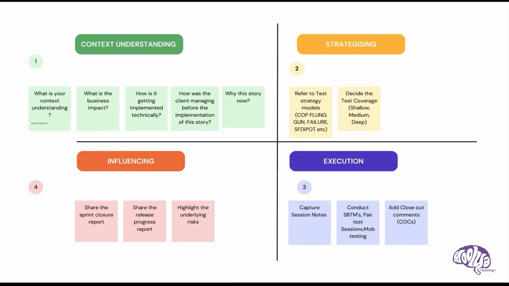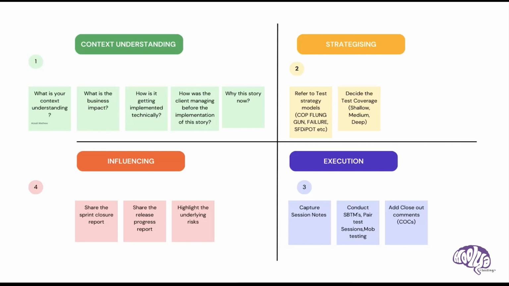And if it is a new feature, then how was it being managed before the implementation of this story? For example, we are releasing a new feature which enhances the application that we are testing right now. But before releasing this feature, or before even starting to work on it, how were the customers using the application?